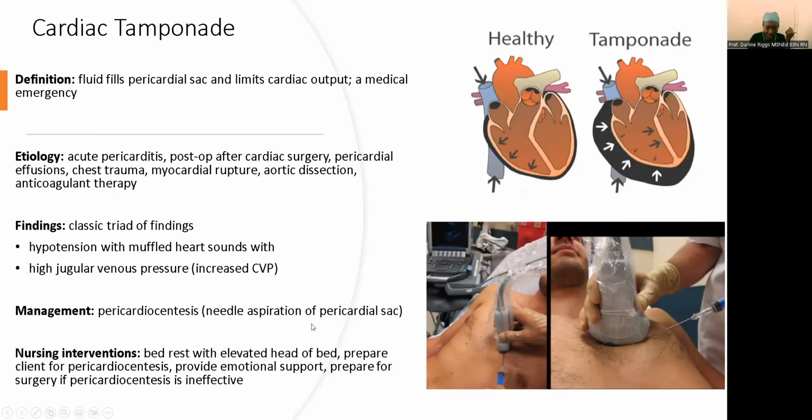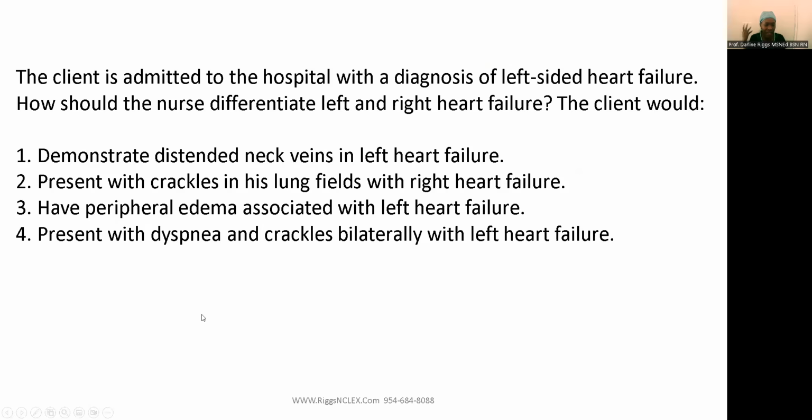Our job is to just have the kit. We obviously don't do this. Afterwards, we want the client on bed rest, and we have to monitor them. There could be some severe complications, and there could be a puncture of the heart with this one. Nasty to have done, but keep that in mind.